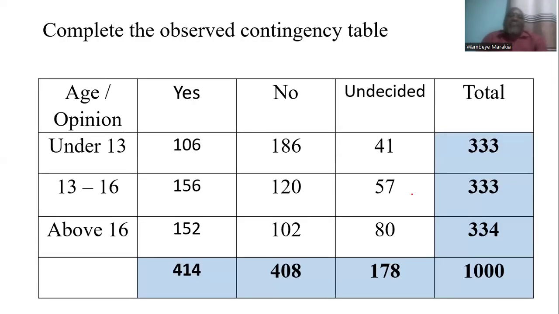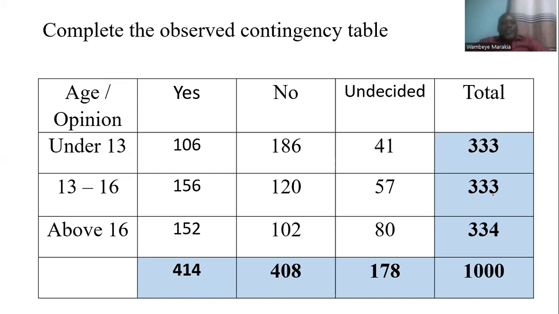So I have a contingency table here. In this contingency table, among those under 13, those who said yes were 106, those who said no were 186, and those who were undecided were 41.